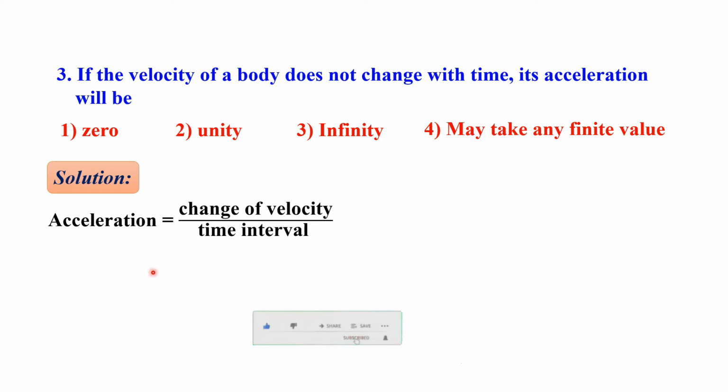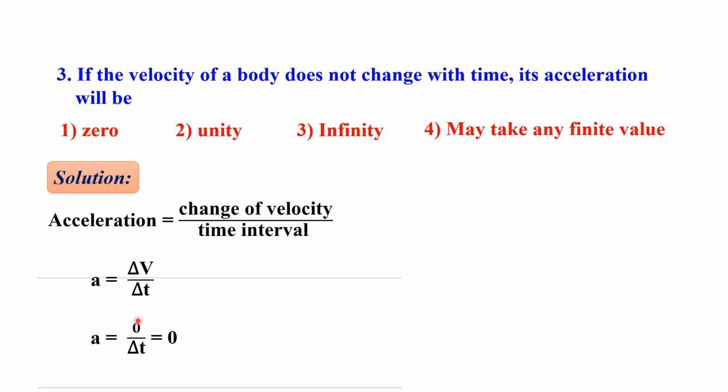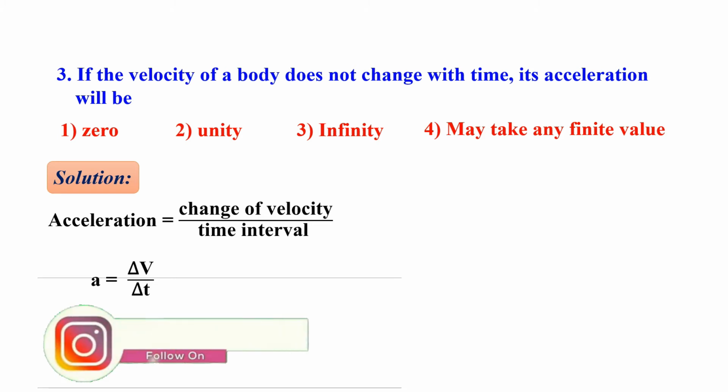So acceleration is nothing but the rate of change of velocity. a is equal to delta v by delta t. Here the velocity of the body does not change with time, so delta v is equal to 0. Then its acceleration is 0 by delta t, which equals 0.